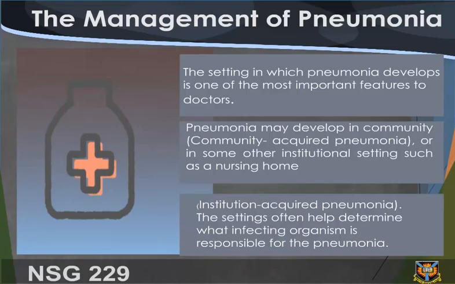Introduction. The setting in which pneumonia develops is one of the most important features to doctors. Pneumonia may develop in the community, community-acquired pneumonia, or in some other institutional setting, such as a nursing home, institution-acquired pneumonia. The settings often help determine what infecting organism is responsible for the pneumonia.